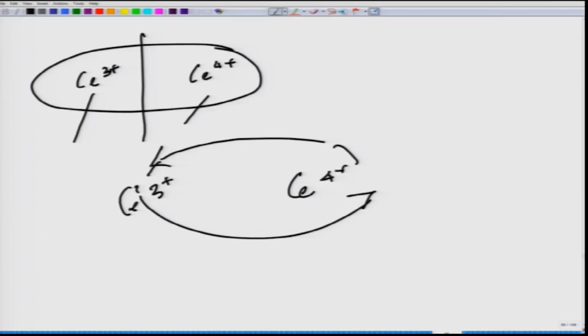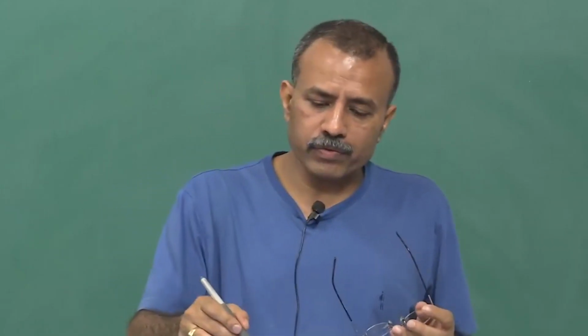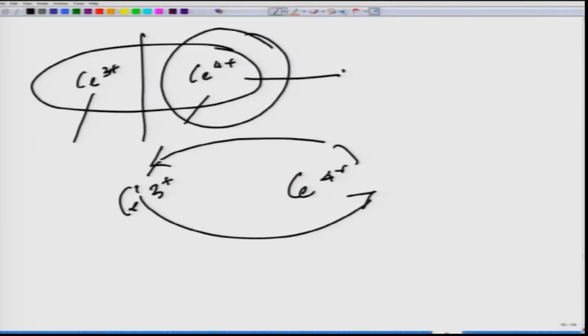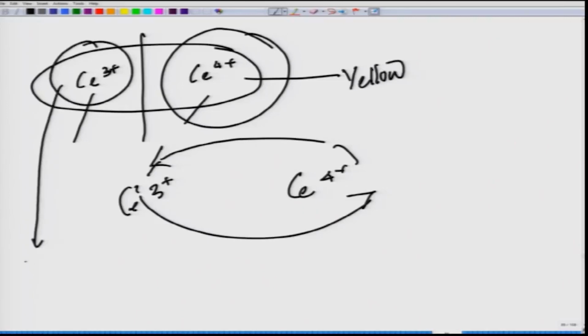Now, cerium has another very interesting property. Cerium 4 compound is yellow in color, and this one is a white or colorless kind of situation, a drab whitish color. Okay. Now, say for example, if Ce4+ accepts an electron and gets reduced, then it will become Ce3+, and similarly if Ce3+ loses an electron, it will become Ce4+, right.